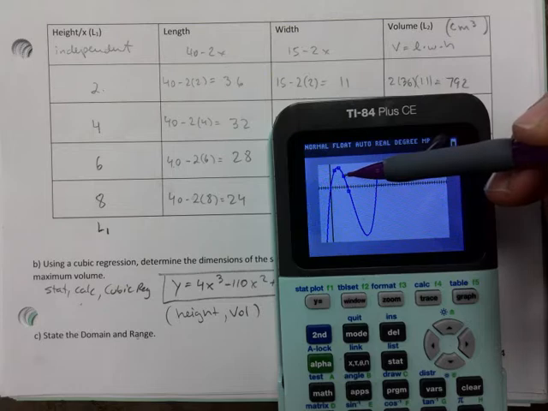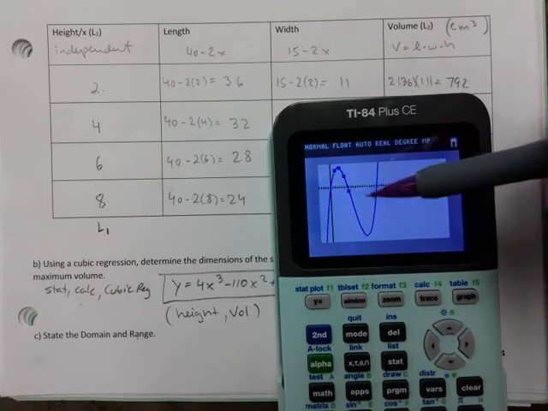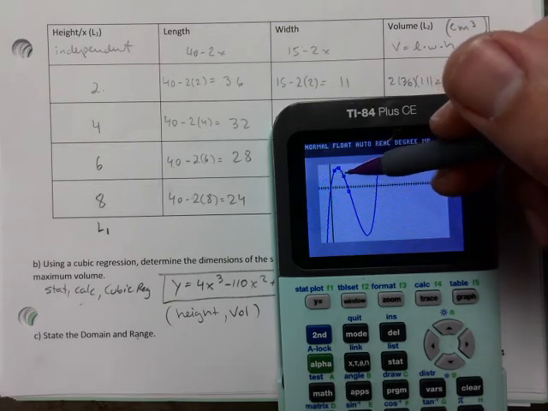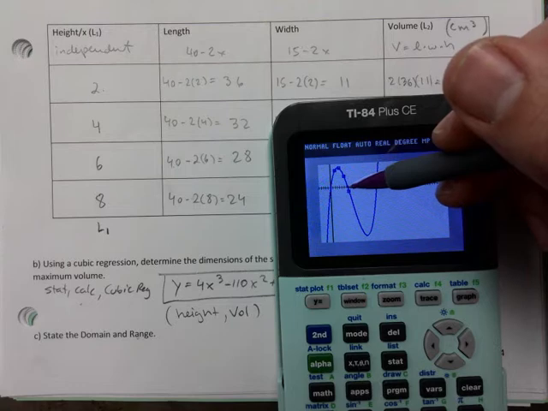So it becomes taller, but it's really getting narrower or shorter, right? And so then it goes back down. And so the height where our domain would stop is right about there, where you go back to 0.